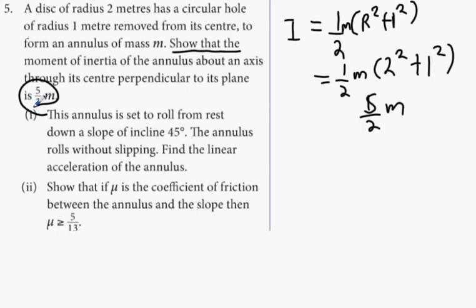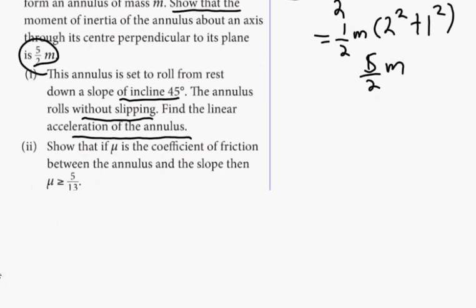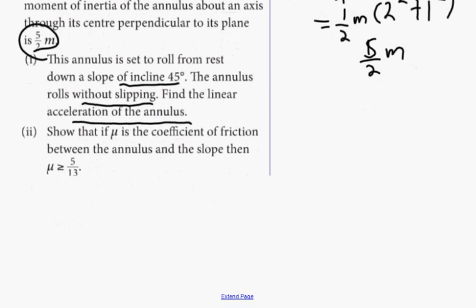And this annulus is set up to roll from rest down a slope of incline 45 degrees. The annulus rolls without slipping. Find the linear acceleration of the annulus. So we set up our system, our wedge. Proper colours, that is. 1, 2, 3.